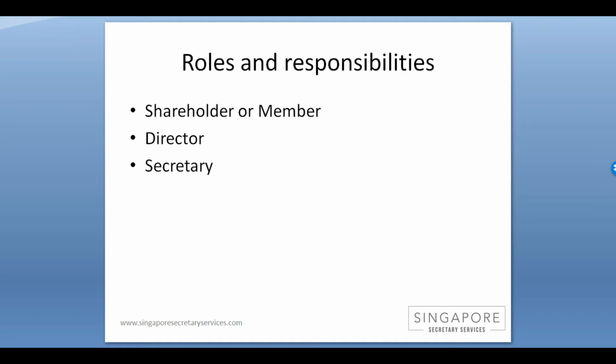For day-to-day operations, the company will ask people to invest in it. To run the company, maybe the company needs, let's say, 10,000 Singapore dollars. Then you put up a notice saying that anybody who wants to invest in the company, please subscribe to my shares. I'm selling shares for perhaps 1 Singapore dollar per share. So if I need 10,000 Singapore dollars, I'll be selling 10,000 ordinary shares for $1 each.